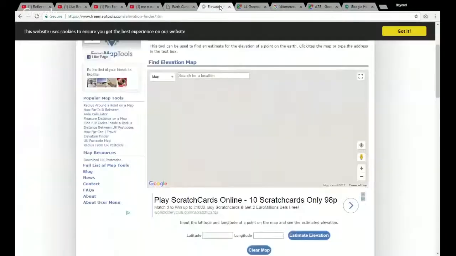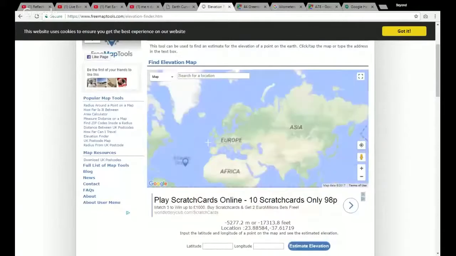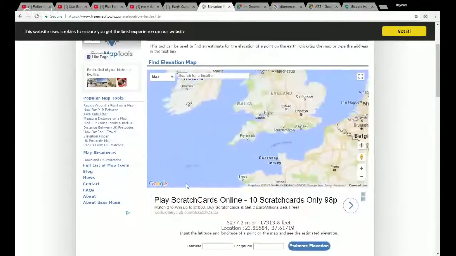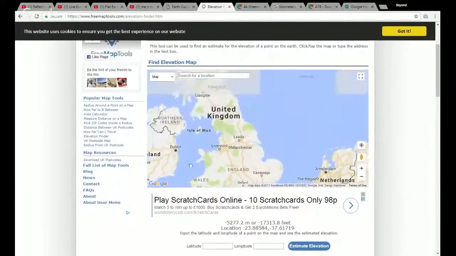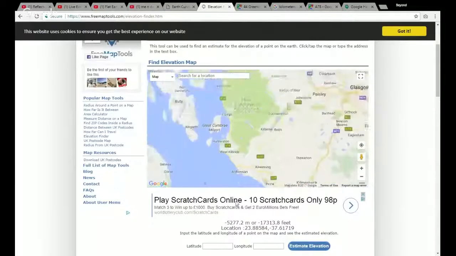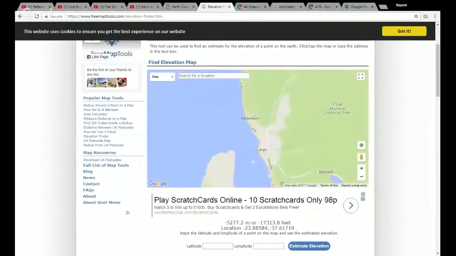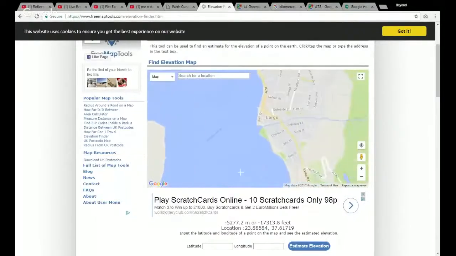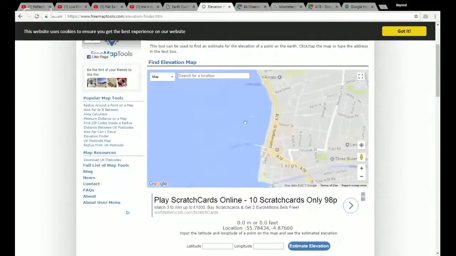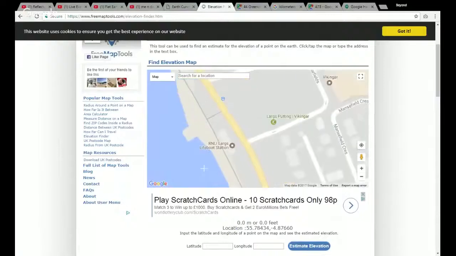So, elevation finder, I found my original one. This one's a wee bit better because we can get right in and pinpoint exactly where we were.